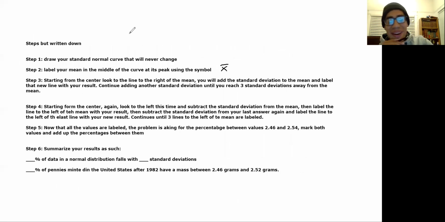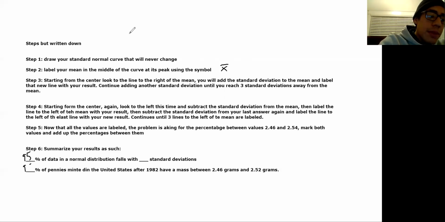So over here, I wrote down all the steps to the best of my ability. Go ahead and screenshot this, save it. You don't necessarily have to write it down unless you're just really confused, but it's here for you. So in case you're here, I'm just going to fill in the information. This should be 95 and this should be 95 because that was our answer.